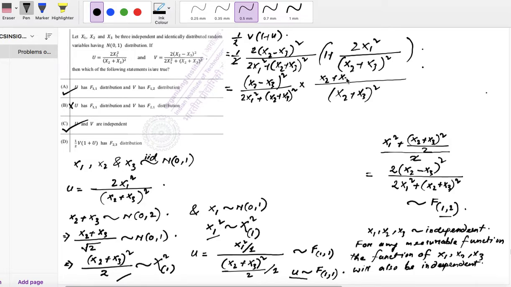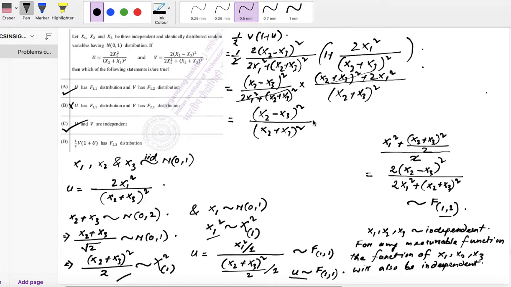x2 plus x3 whole square plus 2x1 square. This term and this term get cancelled out. Now what remains is x2 minus x3 whole square and x2 plus x3 whole square.